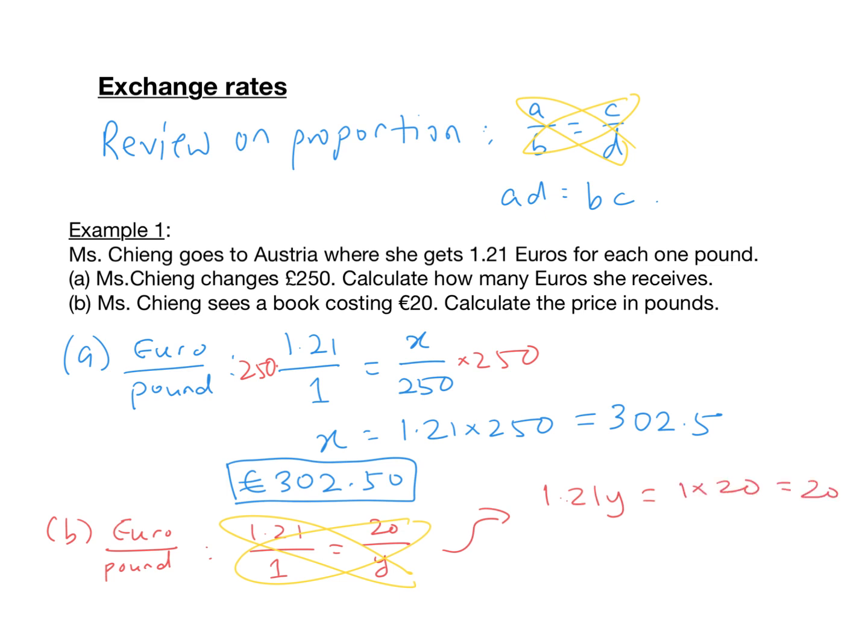To solve for y, I need to divide both sides by 1.21. Therefore, if you calculate 20 divided by 1.21, I would get 16.53 rounded to 2 decimal places. The price that she has to pay in pounds will be £16.53.